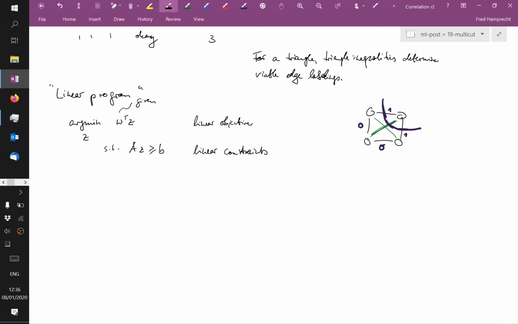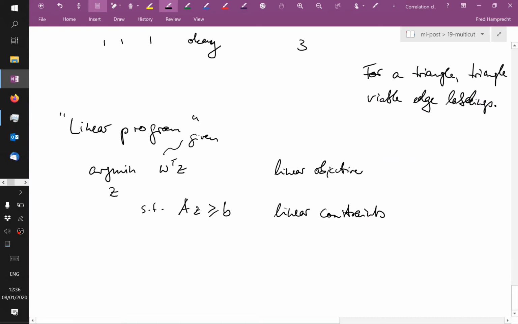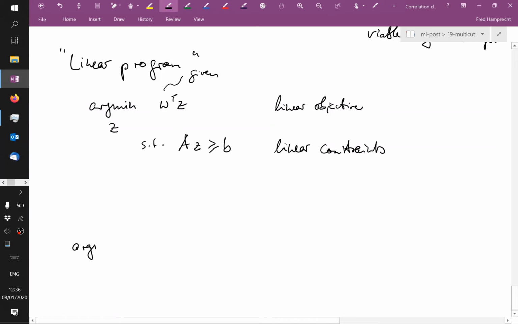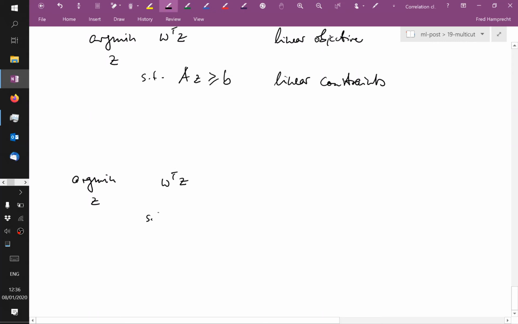We would argmin over z, w transpose z, such that for all simple cycles, I'm going to call them C. So what is a simple cycle?